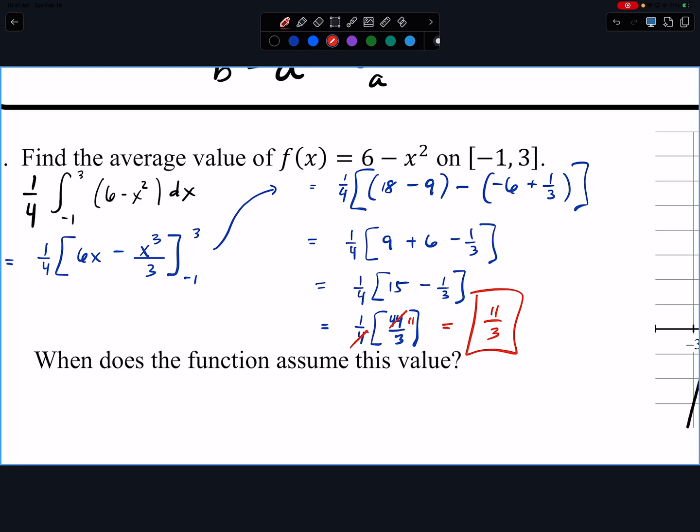Cool. Now, if you practice this in your calculator, don't forget the 1/4. Yeah, 3.6667, which is 11 over 3. If you guys forget to do the 1/4, don't erase it. Do the integral and then just times 1/4. Okay, just don't forget the A over B part.